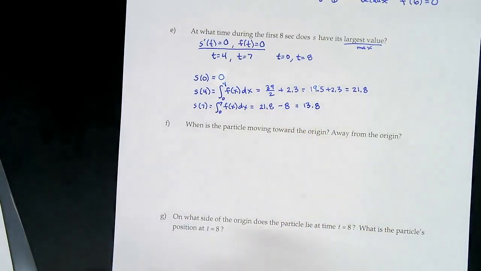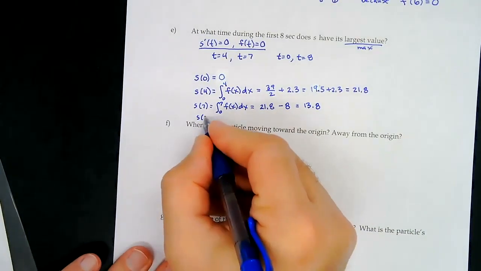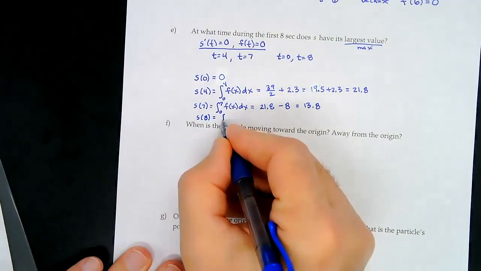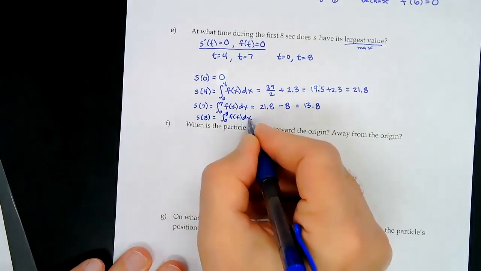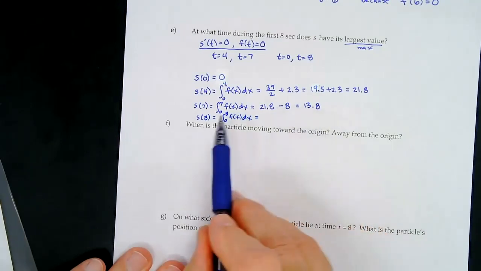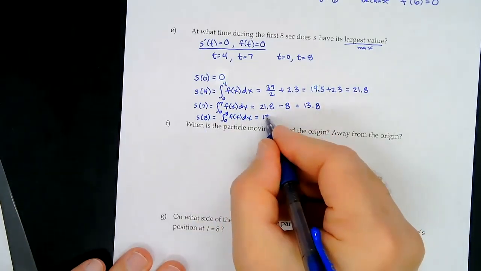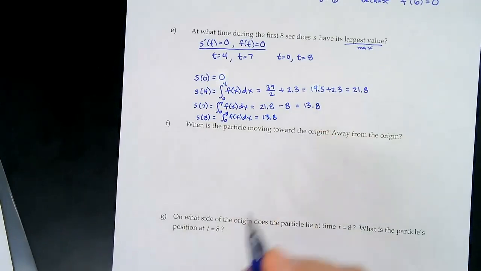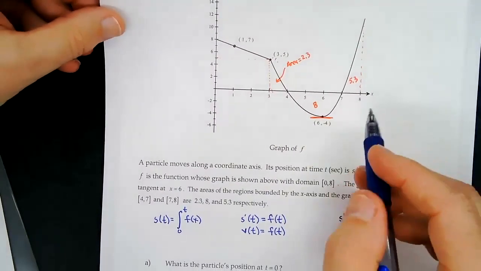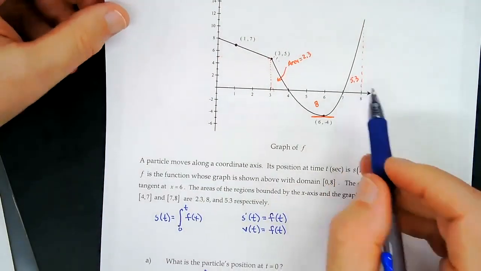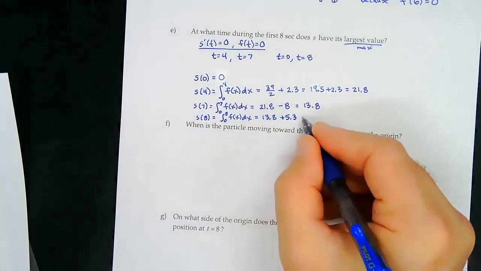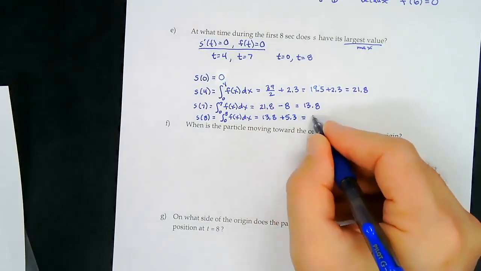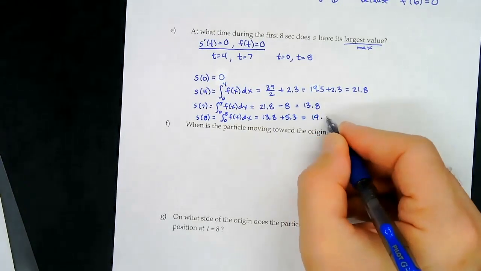And then we need to find s of 8. So s of 8 is equal to the integral from 0 to 8 of f of x dx, which is the one from 0 to 7, which we know is 13.8, and then just add on the part from 7 to 8. From 7 to 8, we know that area is 5.3. So I'm going to add 5.3 to this, which turns out to be 19.1.